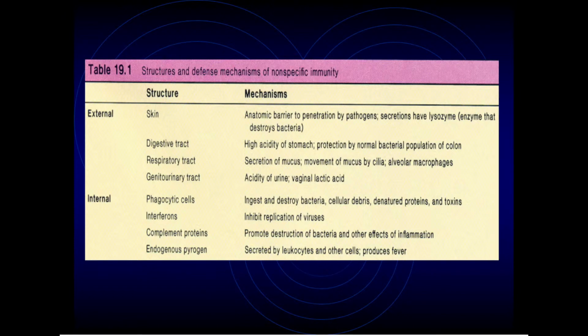The complement system is a system of plasma enzymes identified by the numerals from C1 to C9. They enhance immune, allergic, and inflammatory reactions.